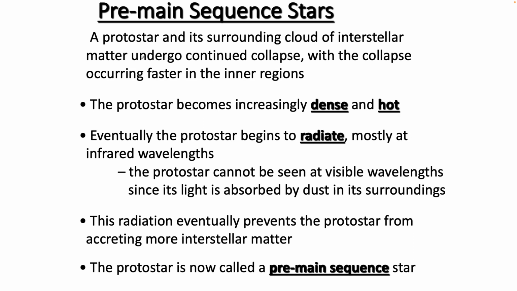Right. So let's come back to the lectures again with all this information. What we have discussed up to now is how a protostar is created out of the interstellar matter.